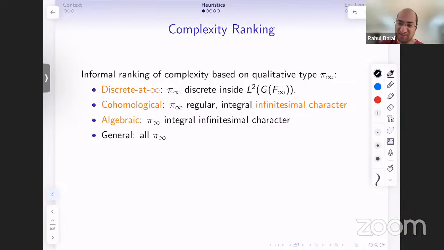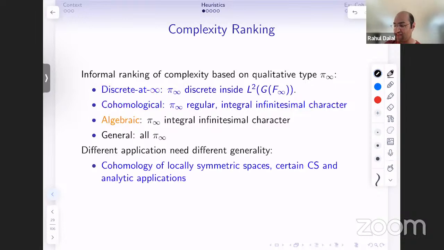Now, there are lots of reasons to care about automorphic representations, but one of them is that there are lots of applications to other things in math. Depending on the applications you care about, you have to go a different number of steps up this ladder. If you care about the cohomology of locally symmetric spaces, then, by the name, you only need to worry about the discrete at infinity and cohomological representations.